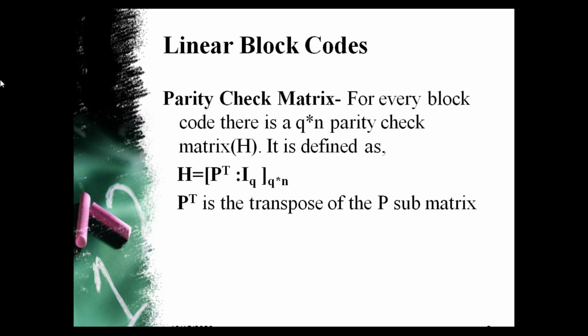Here the H matrix, which is termed the parity check matrix, has the general form [P transpose | I_q]. Altogether, the H matrix has the order q by n, q rows and n columns. Here P transpose is the transpose of the P submatrix. That is one more takeaway from this session: there exists a parity check matrix associated with a linear block code.